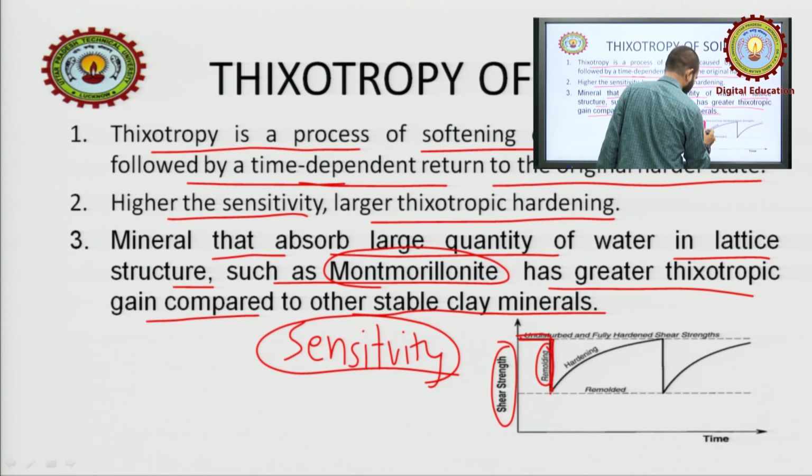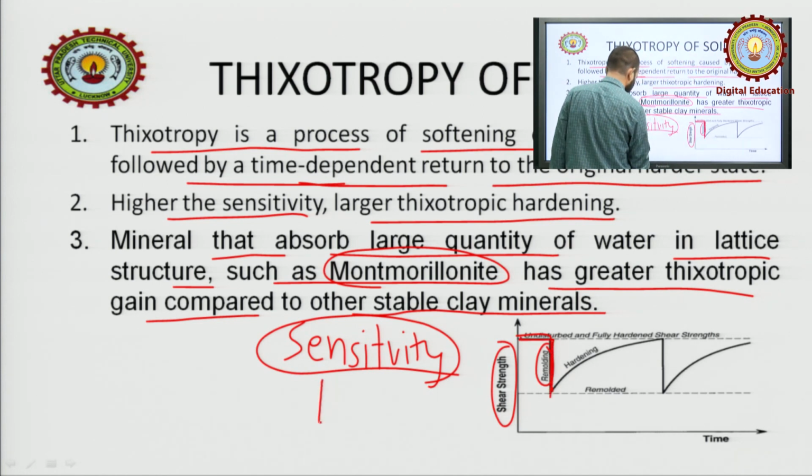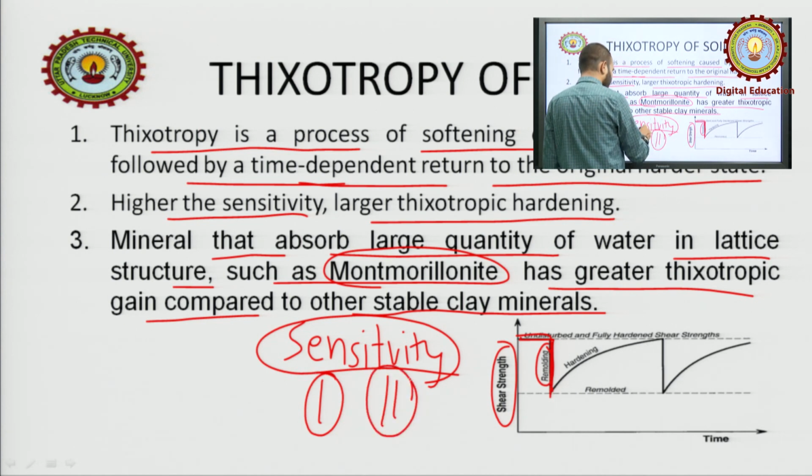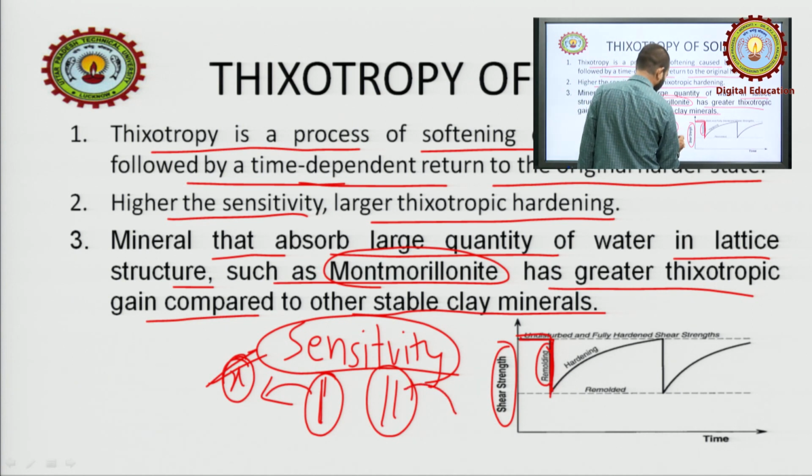Mainly here what you have to understand is that with time after remolding, the shear strength is lost due to two reasons I told you. One was permanent destruction of structure and the second was remolding. The permanent destruction cannot be recovered, it is gone. Suppose x part of the shear strength was due to the structure, then this cannot be regained, but the remolding part can be regained with time.